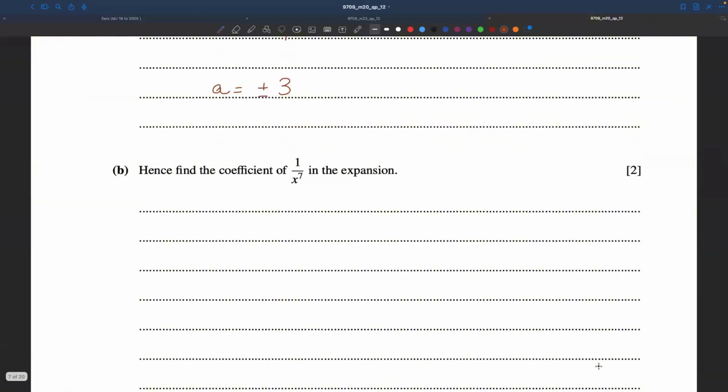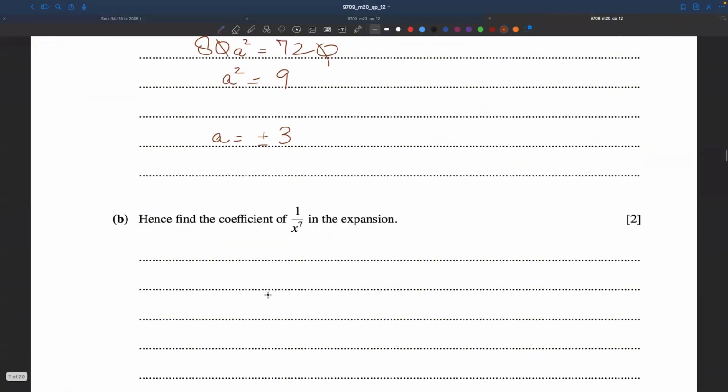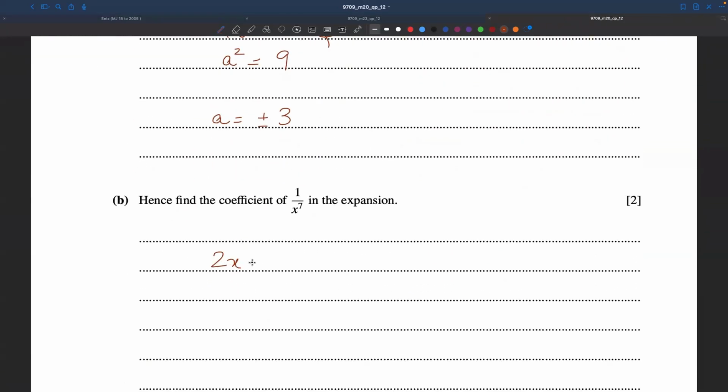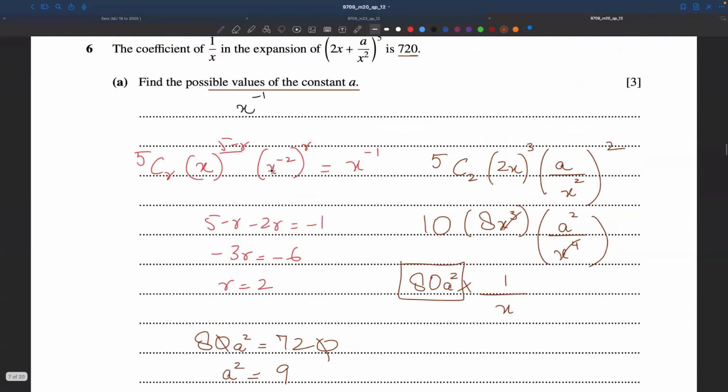The question: hence, find the coefficient of 1 upon x power 7. We have the value of a as 3, right? So let's write this expression as (2x plus 3 upon x squared) to the power of 5. Now we need the coefficient of x power minus 7. So like we did over here, now instead of minus 1, I will have minus 7.